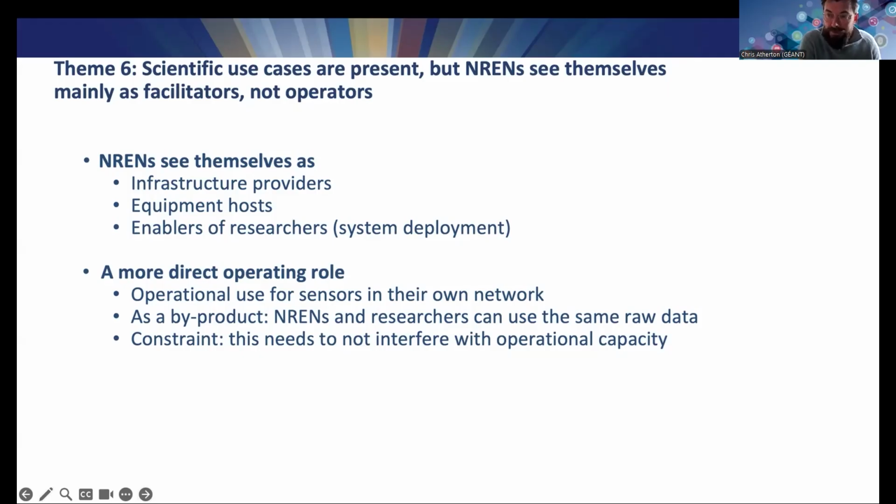But we have seen evidence where it doesn't impact the operations of the network while it's running. It would still impact during the setup, because you've obviously got to bring an optical link down in order to deploy filters, and then bring the link back up again with the fibre sensing interrogators attached.